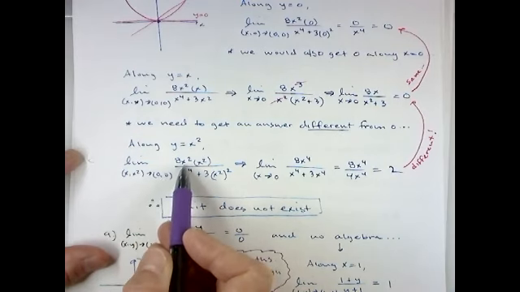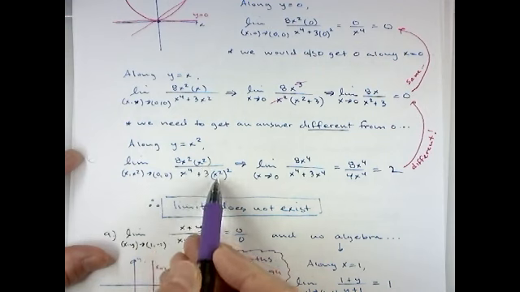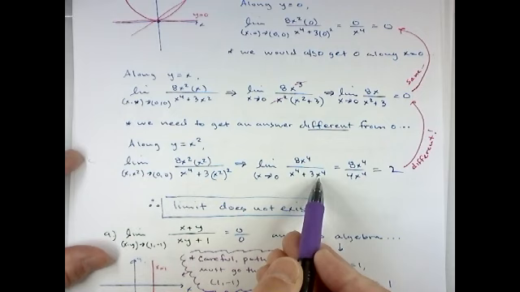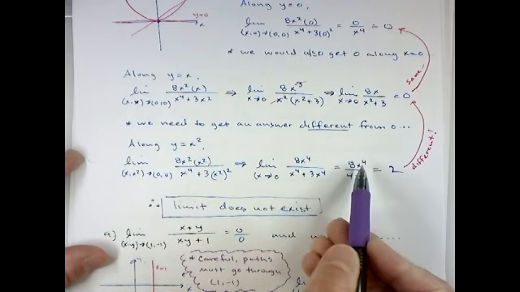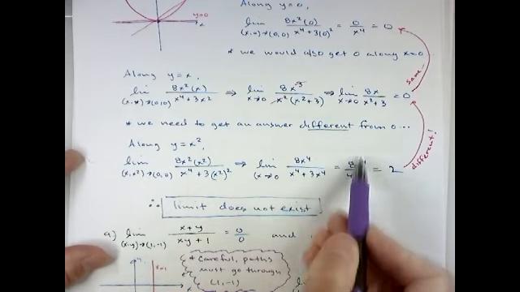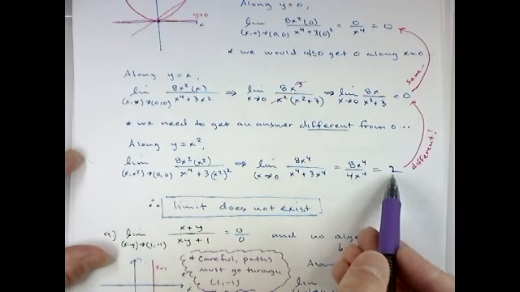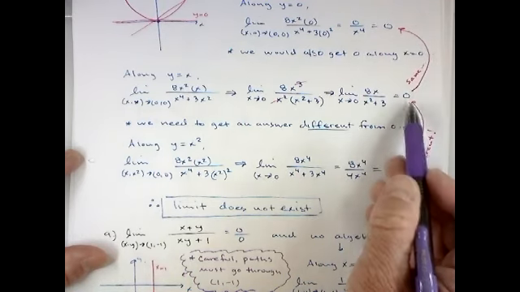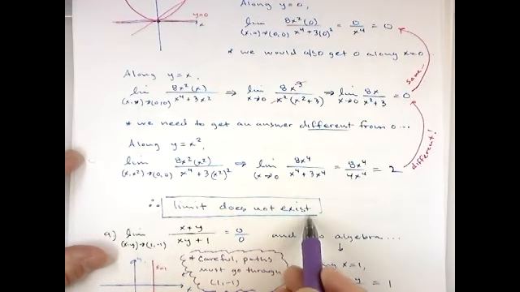If I plug in x squared for y, I get 8x to the fourth on the top. The bottom becomes 3x to the fourth plus x to the fourth, which I can combine. I get 8x to the fourth over 4x to the fourth. Those cancel out, and I get 2. And so now I can claim, because 2 is different than the 0 I got before, that the limit doesn't exist.